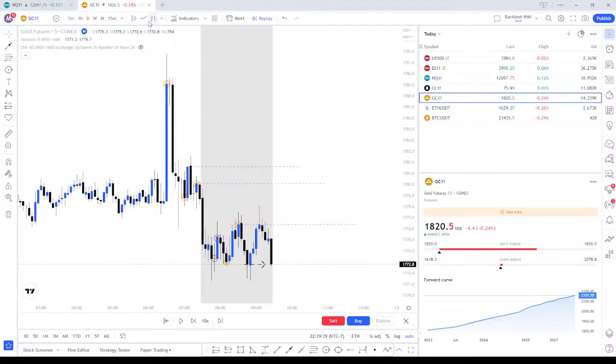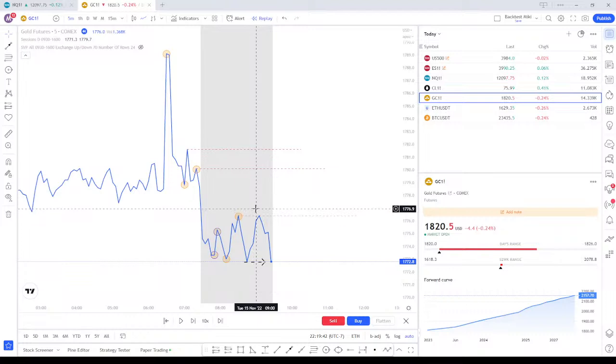And things like this with that double top. Very clean double top right there. But I've seen it better on the line chart.